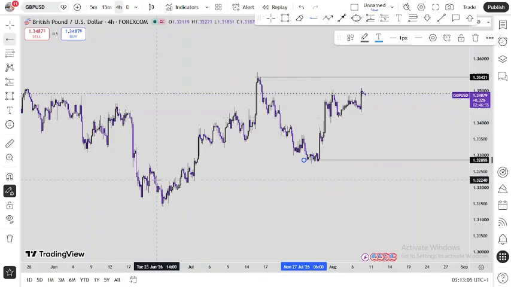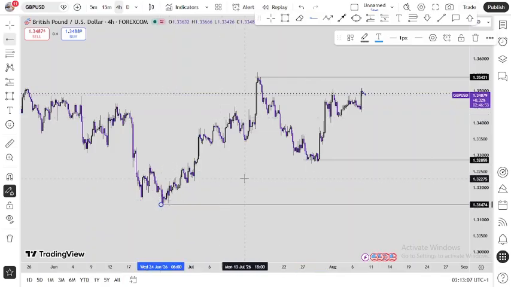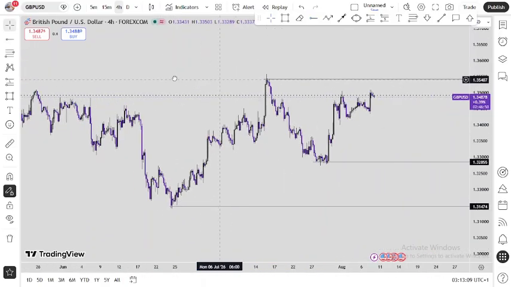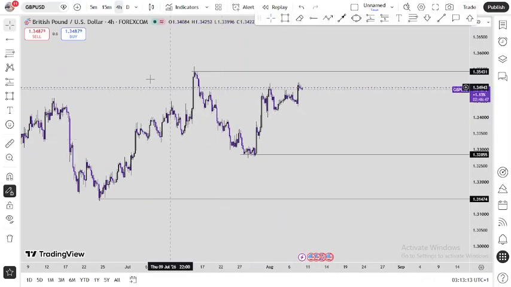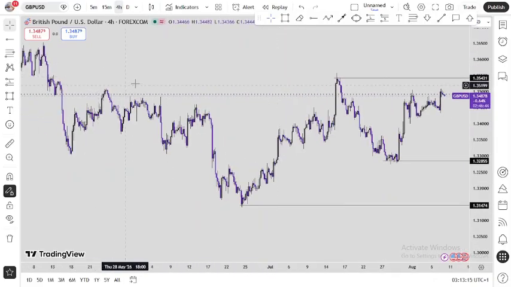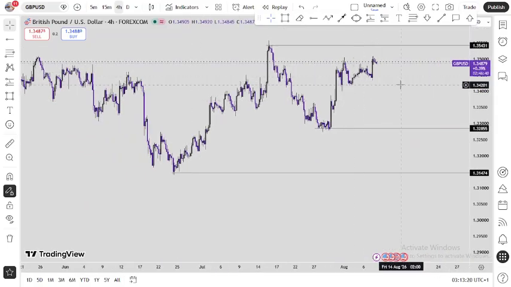And then let's see here. So as you can see, it's not as clear as it would otherwise have been in clearer market conditions where it's not ranging on the daily, but we can still work with this.